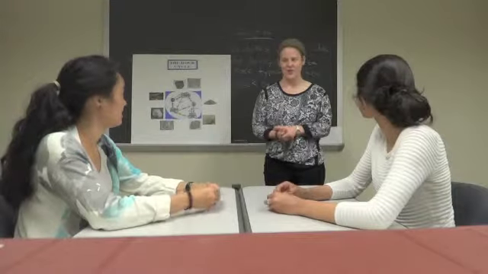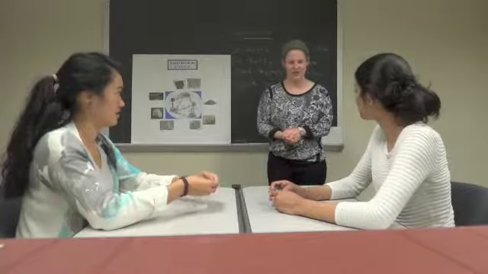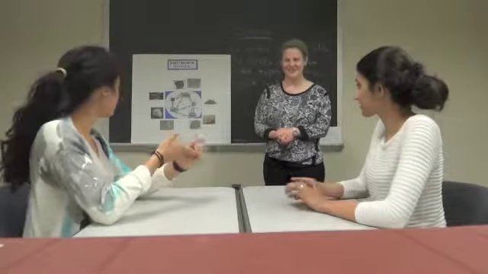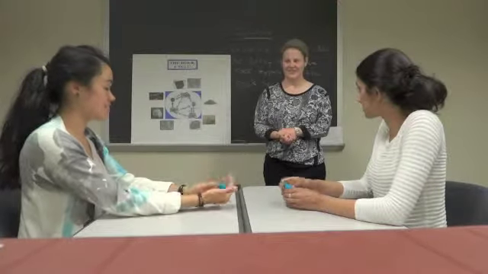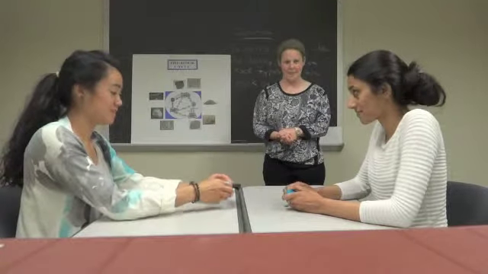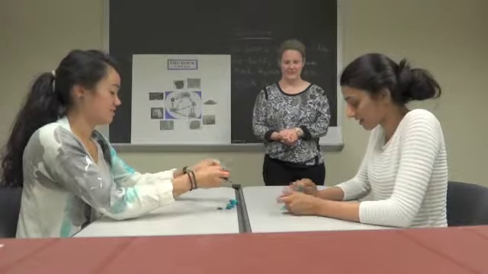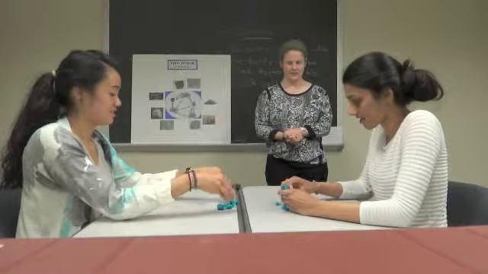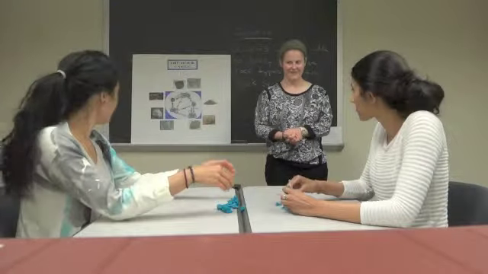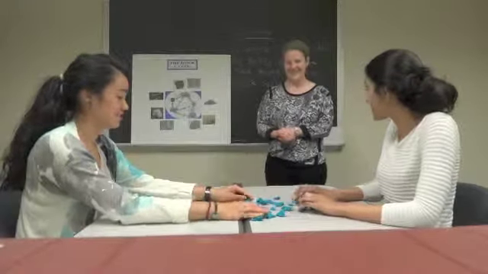All right, great. So if you guys would like to show us one more time that whole rock cycle. Yes. Okay. So you start out with igneous rock. And then through erosion, it becomes sediment. And then kind of goes all over the place. Yeah.